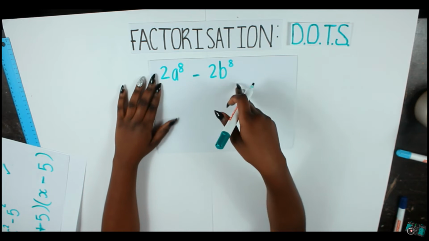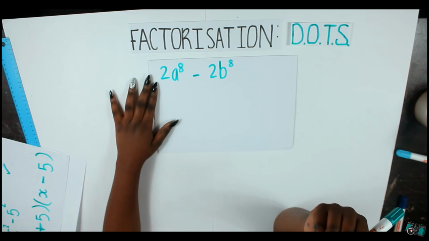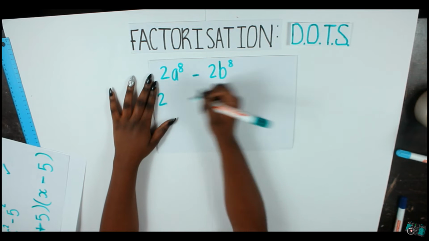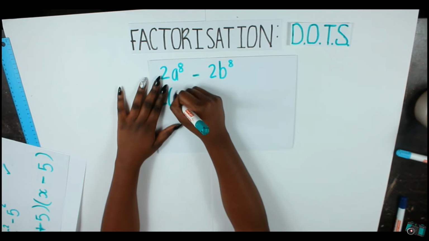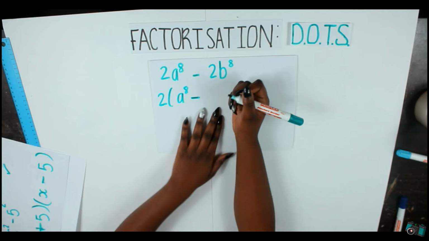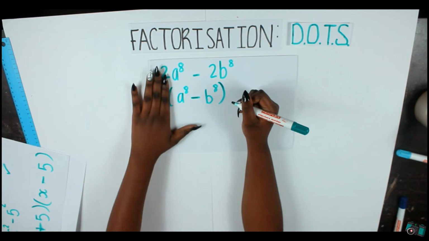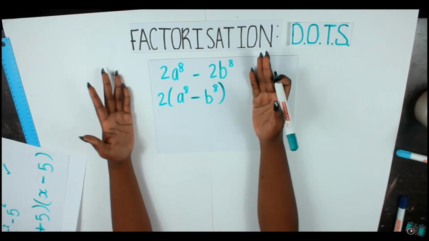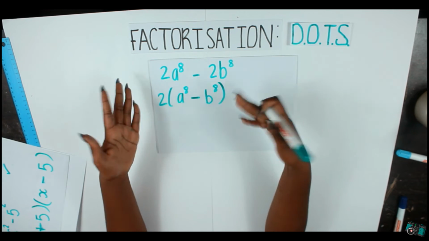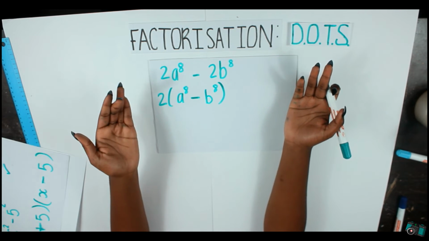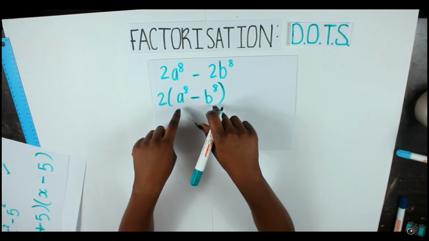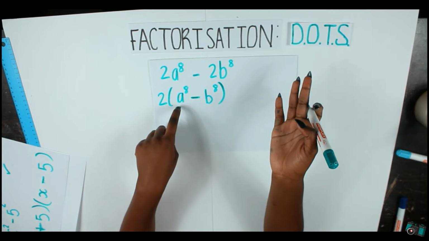Okay, so what's first? HCF first. Is there something that I can take out? Yes. What's common? The 2. Take out the 2, then you have a to the power of 8 minus b to the power of 8. The 2 is isolated. Now you check, can I go any further with this sum? Yes, you can, because you can manipulate what's inside your bracket to the power of 2.